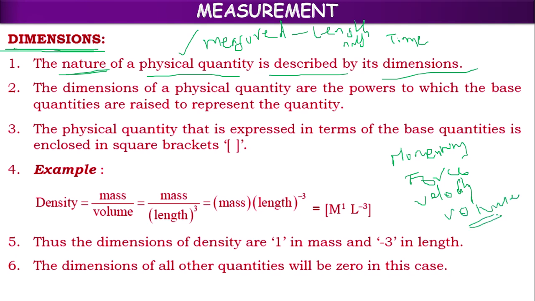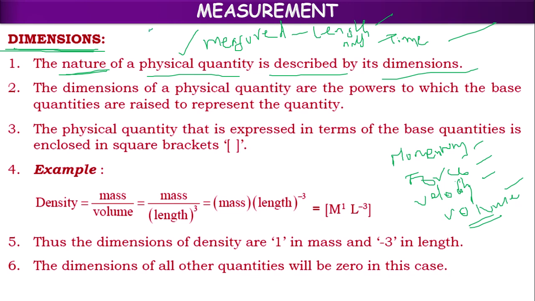Like this, other quantities depend on fundamental quantities, and they are called derived quantities. So physical quantities are of two types. Fundamental quantities like length, mass, time, which are independent. Derived quantities which depend on fundamental quantities.